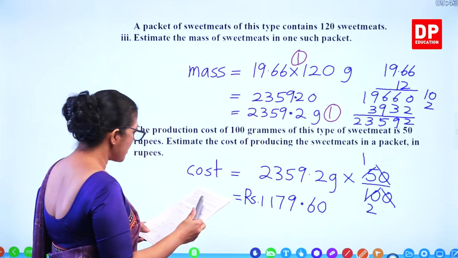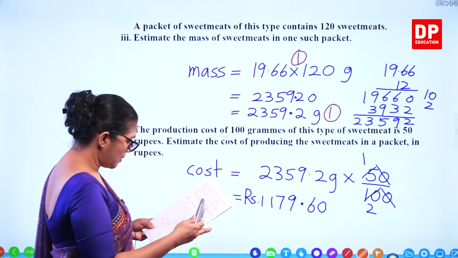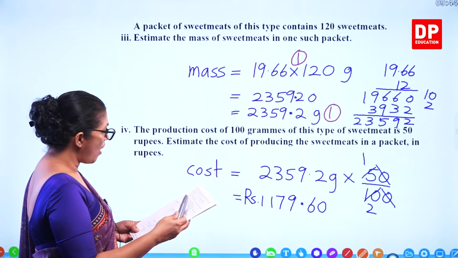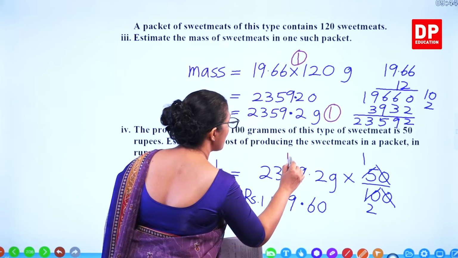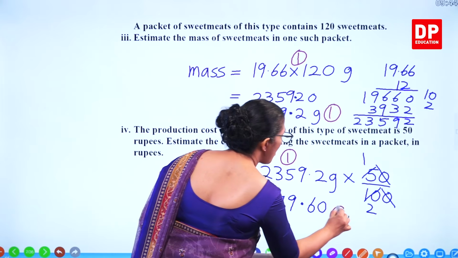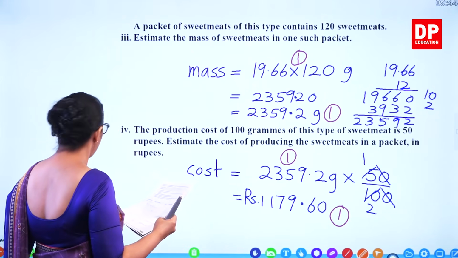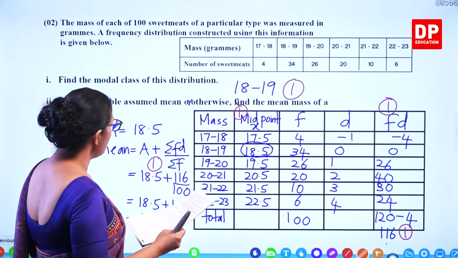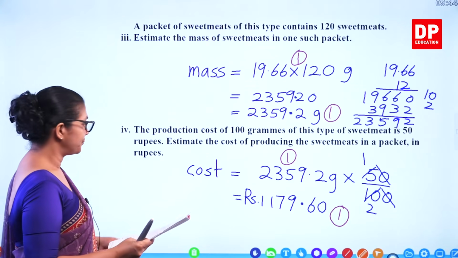And the last part, divide by 100 and multiply by 50. 117960, that's 2 marks. 1 mark for the method and 1 mark for the answer. So 1, 2, 3, 4, 5, 6, 7, 8, 9, 10. So 10 marks for this question.